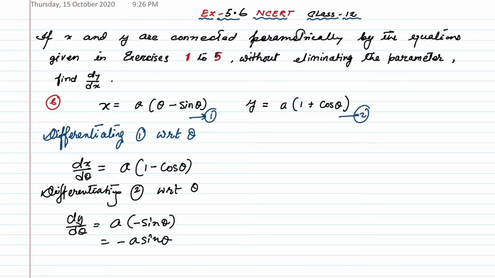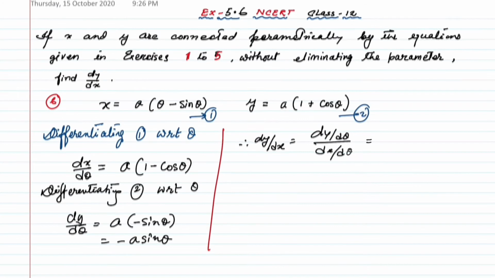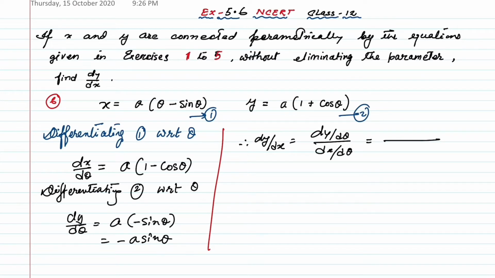So now we need to find dy by dx. Therefore dy by dx will be equal to dy by d theta by dx by d theta. Now put dy by d theta, that is minus a sine theta, and dx by d theta is a into 1 minus cos theta.